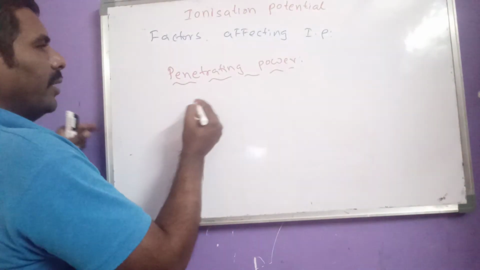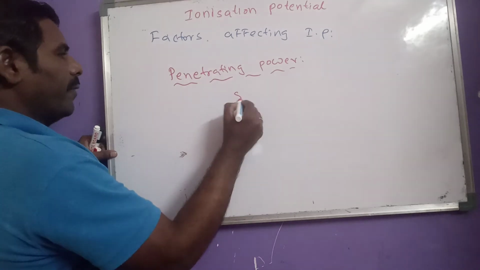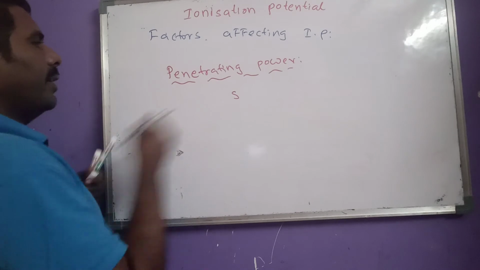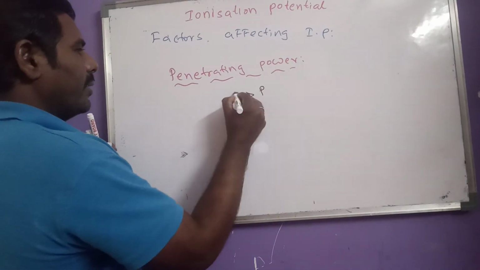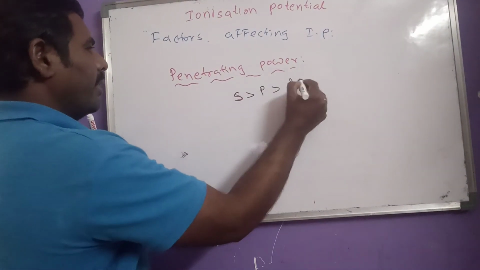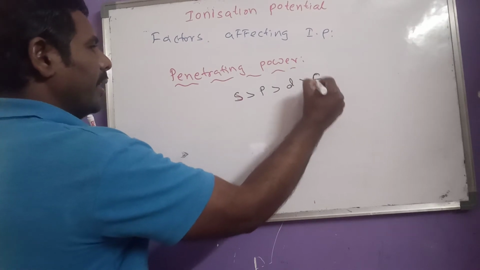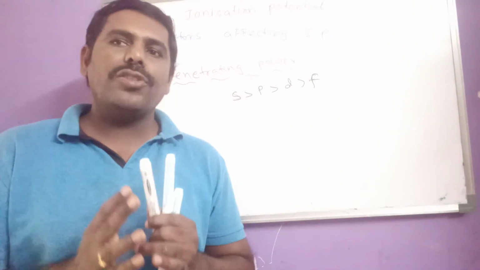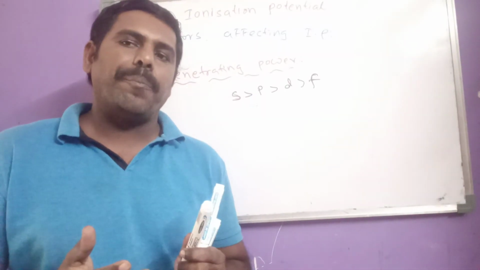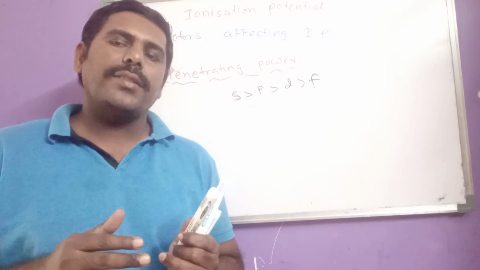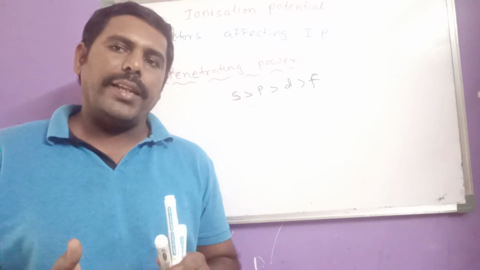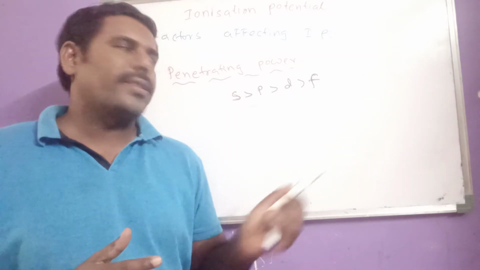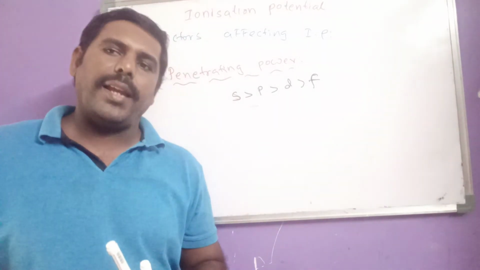So the order of penetrating power is s greater than p greater than d greater than f. That means s subshell electrons are very close to the nucleus compared with p, p subshell electrons are close compared with d subshell electrons, and d subshell electrons are close to the nucleus compared with f subshell electrons.